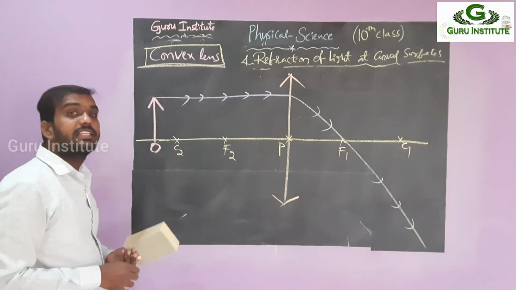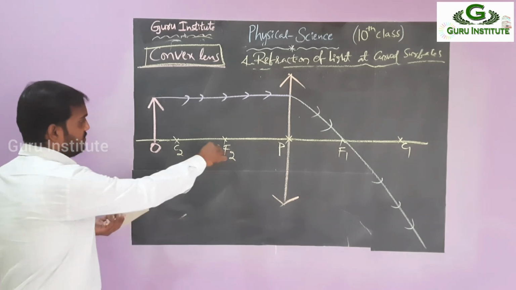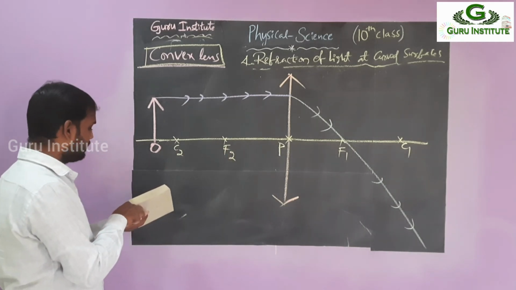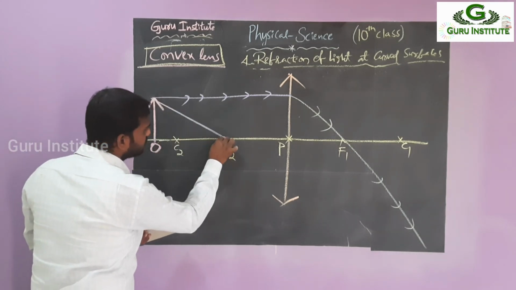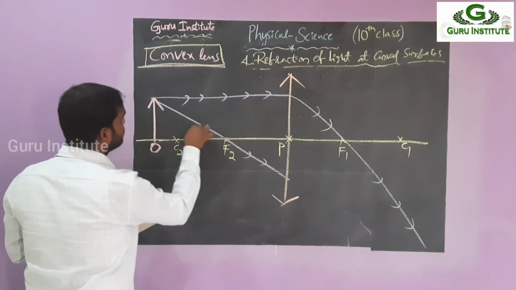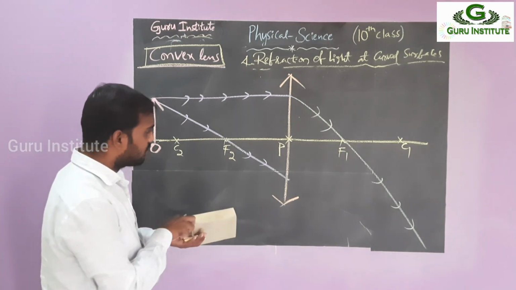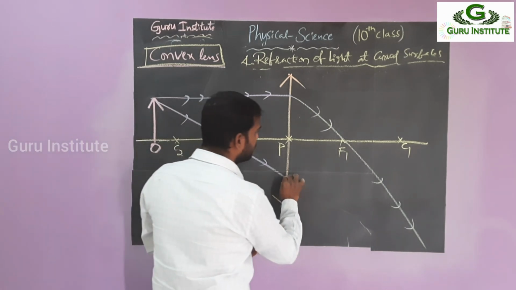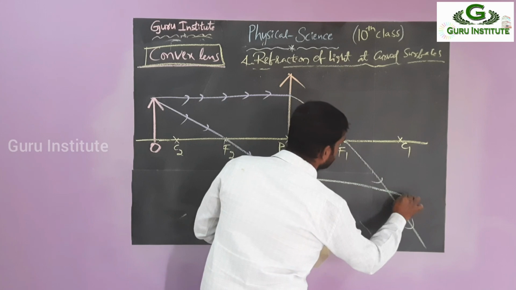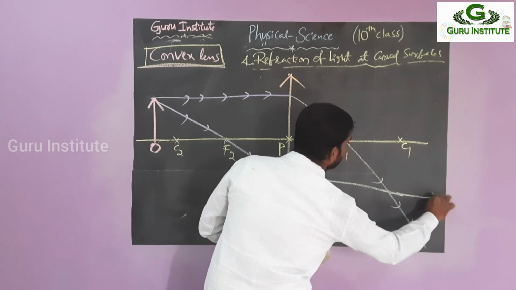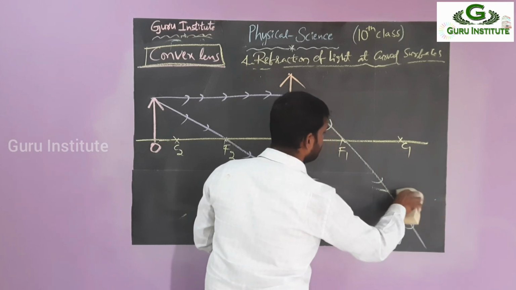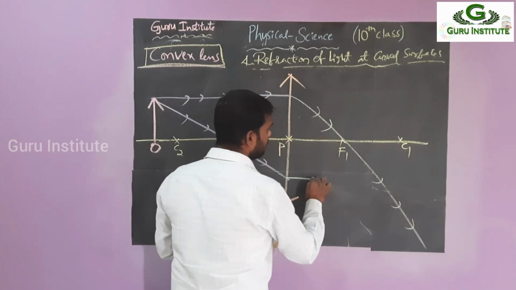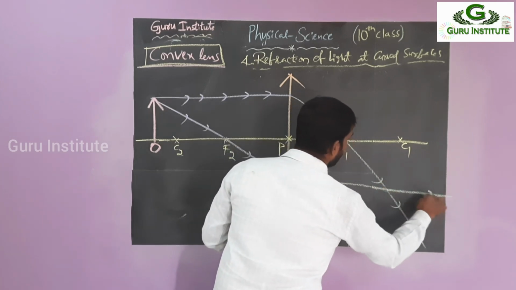Next, what is the second line we are using? Passing through the focus. For this one, as usual, I am drawing like that only. Passing through the focus, then parallel to the principal axis. This one. Okay, right. A little bit fast.